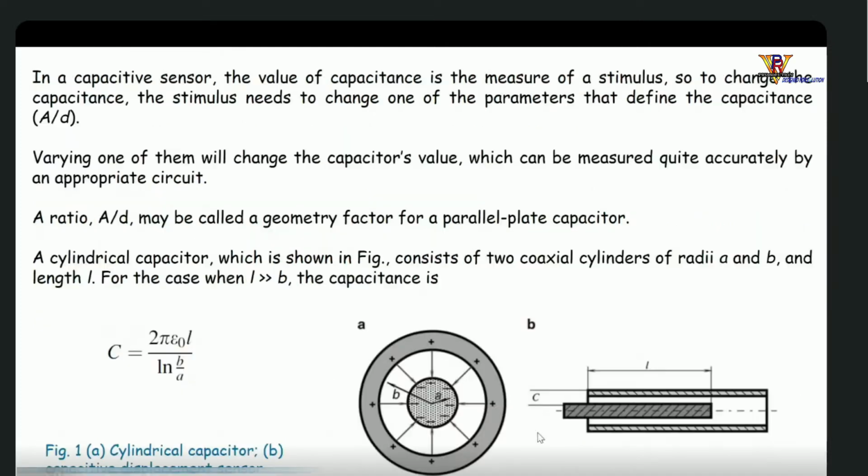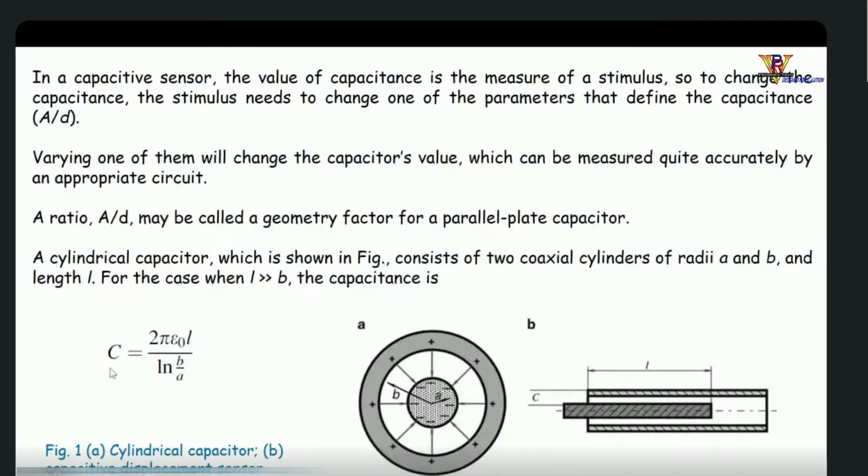If we look at this figure, there are two cylinders, the outer one and the inner one, and this overlapping length is represented by L. If we move the inner cylinder of radius A in and out of the outer cylinder of radius B, the length changes, so the capacitance will be different.